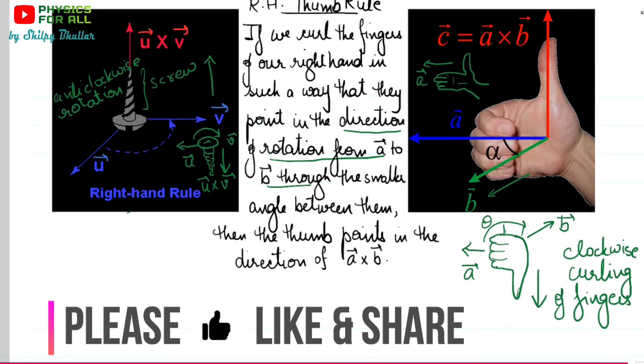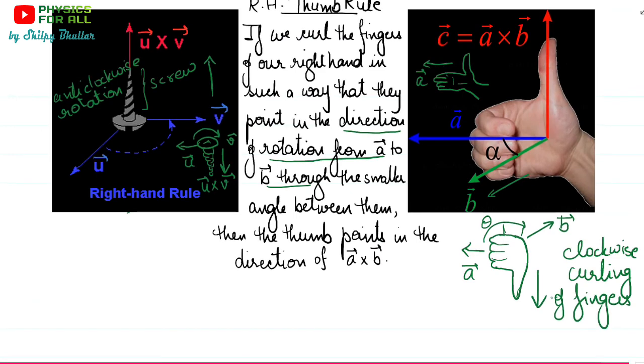So this would be the direction of the final vector. Here we were curling the fingers, see, we are going from this way round to this way round, so we are curling our fingers in anti-clockwise direction. So definitely the thumb is pointing upwards. So up is the direction.